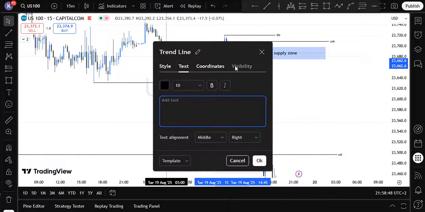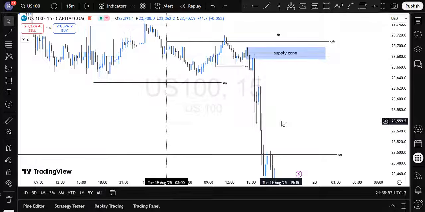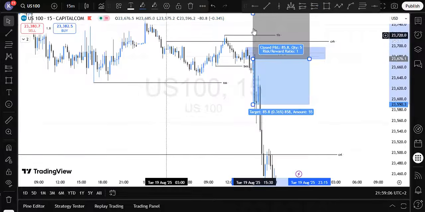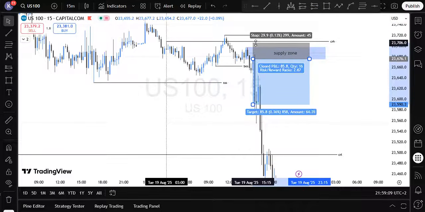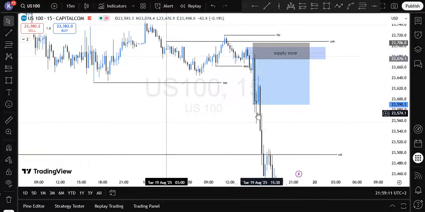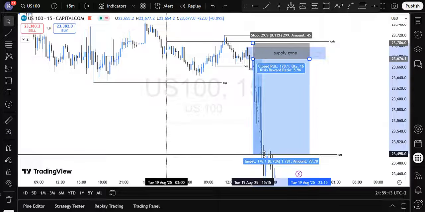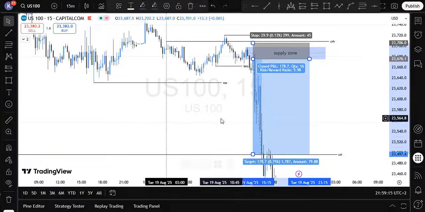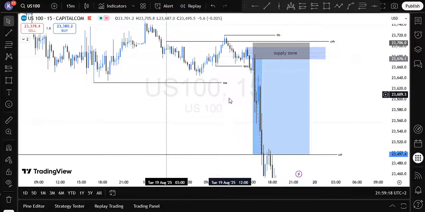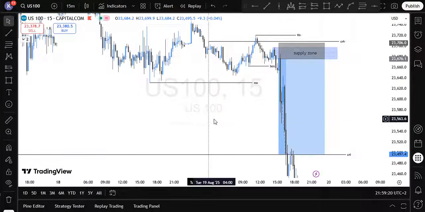There is your BOS. And then what do you wait for? You wait for the market to give you a pullback into the supply, and as soon as it closes below, you take your entry there. You put your stop loss just above the supply, target the CRL, which is the CR low, and just like that, TP hit.